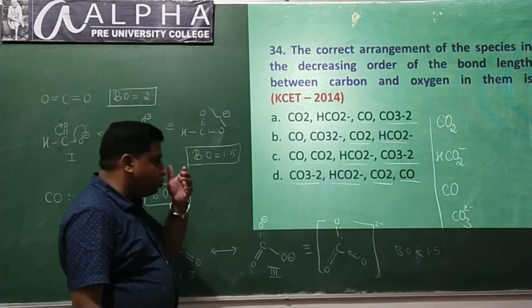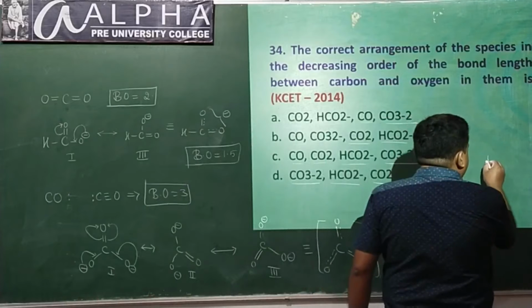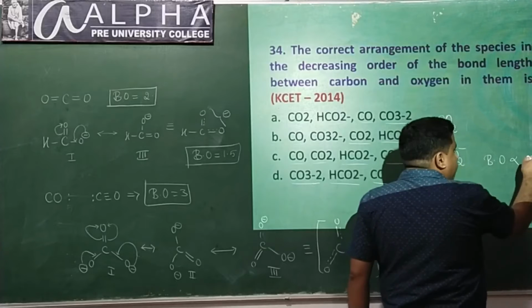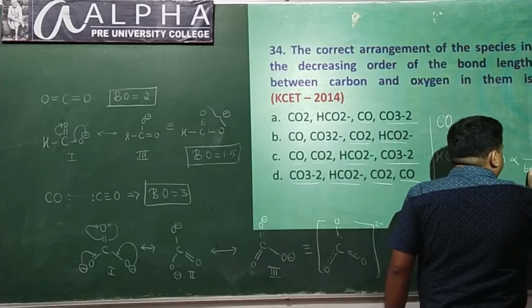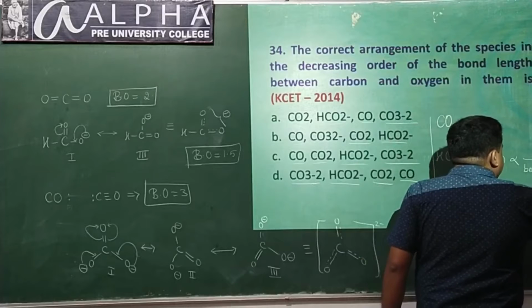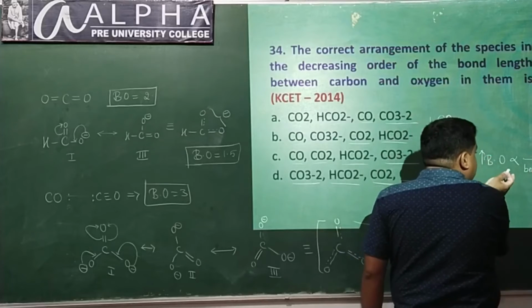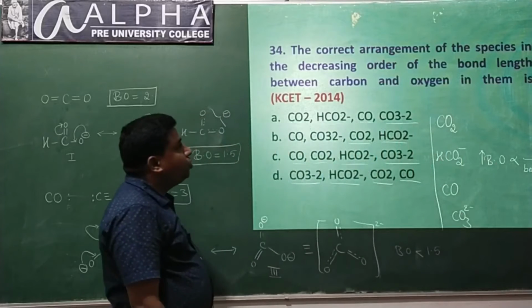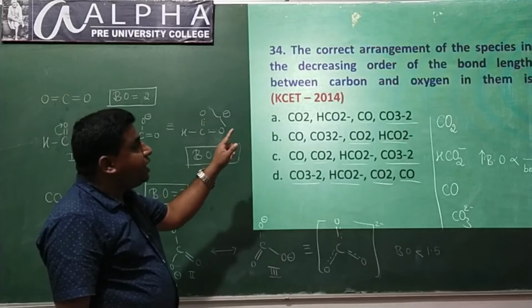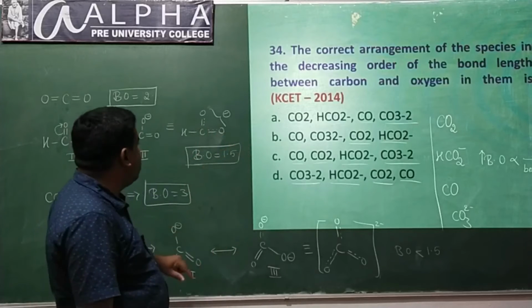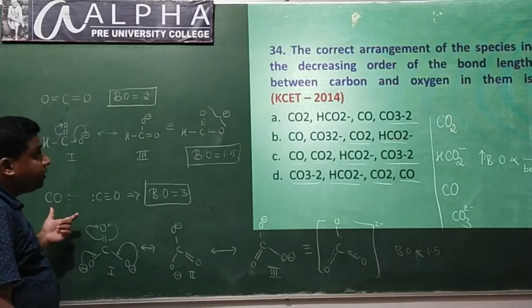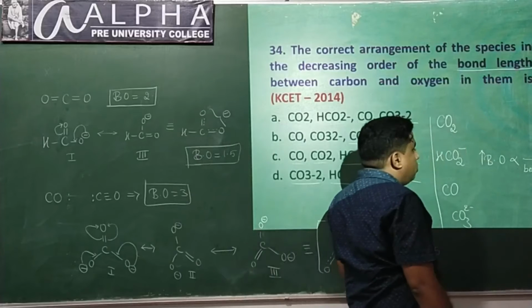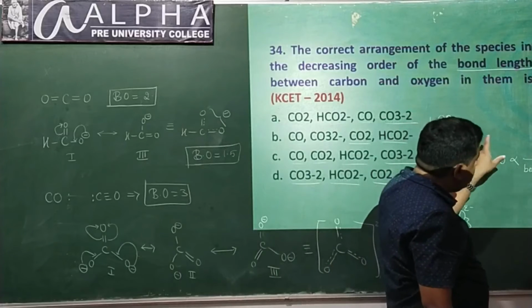I have told you, students, bond order is inversely proportional to bond length. As the bond order increases, bond length decreases. So we are supposed to arrange the species in the decreasing order of bond length. If bond order is more, bond length is less.